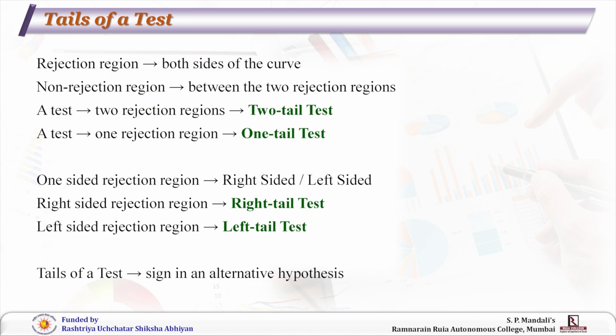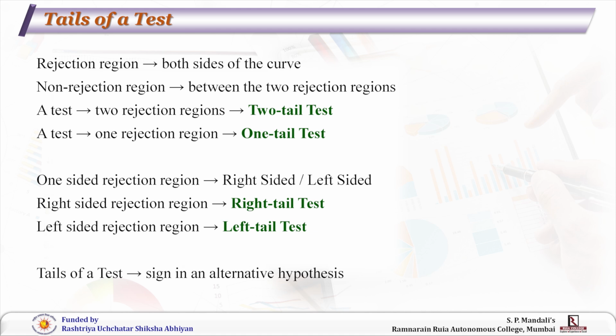Now, this rejection region, that is, the critical region, in hypothesis testing can be on both sides of the curve, with the non-rejection region lying between these two rejection regions. A hypothesis test which has two rejection regions is called a two-tailed test, and the one with a single rejection region is called a one-tailed test.